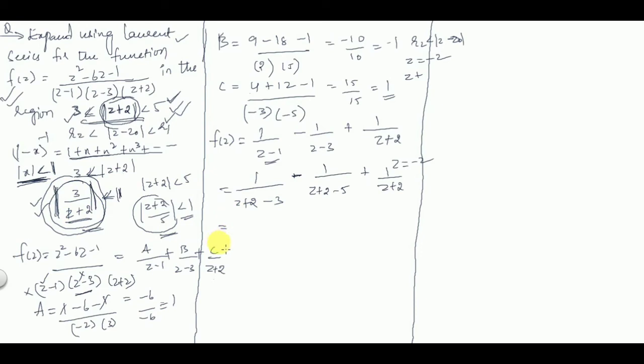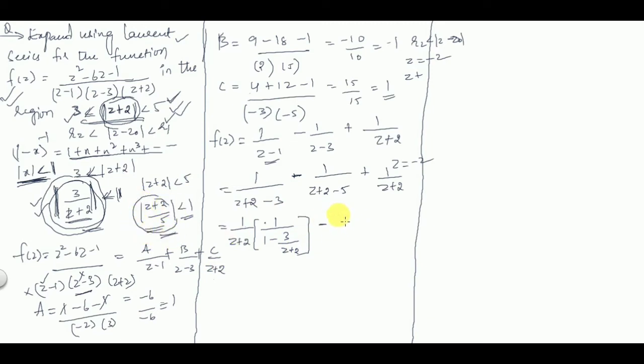So what you have to take common is 1 by z plus 2. Taking 1 by z plus 2 common, this becomes 1 by 1 minus 3 by z plus 2. Then, minus, you have to get it in the form of z plus 2 by 5.